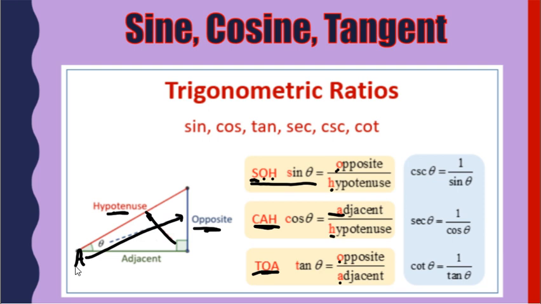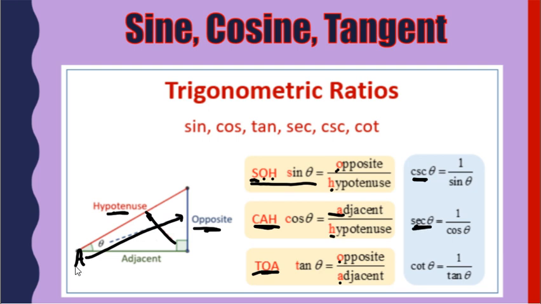And then you have 3 other ones. We're not going to look at them today, but just for future reference, here's cosecant, which is the reciprocal of sine, so instead of opposite over hypotenuse, it would be hypotenuse over opposite.